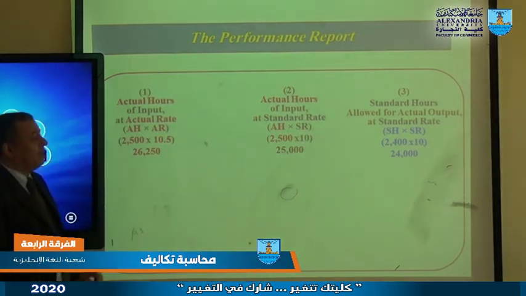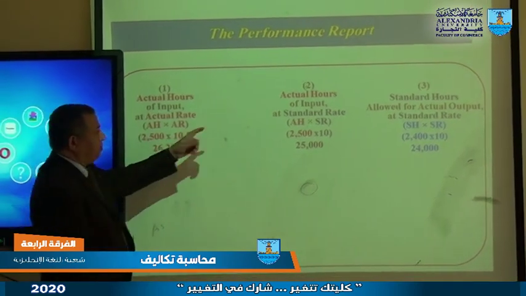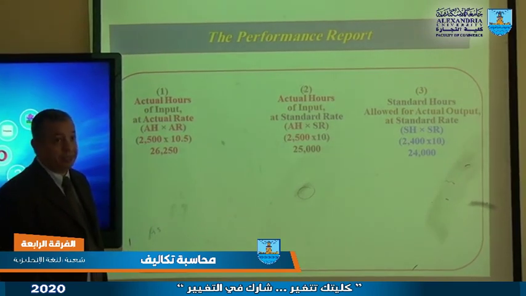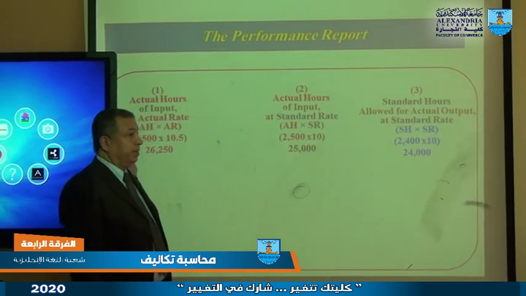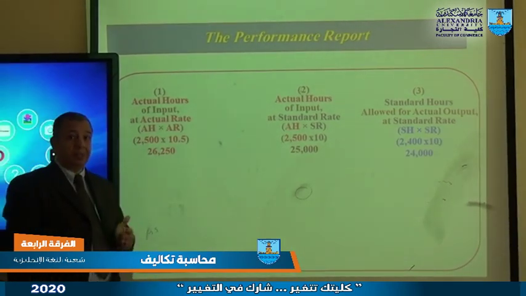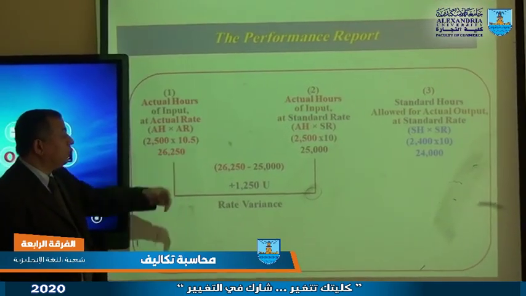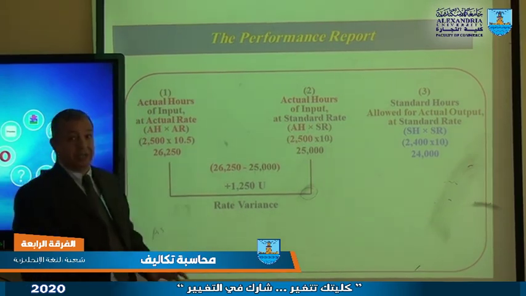So now I have three amounts: one of them pure actual, one pure standard, and in the middle actual hours times standard rate. The difference between 1 and 2, don't forget, I need its name, the amount, and the sign. Its name is rate variance.